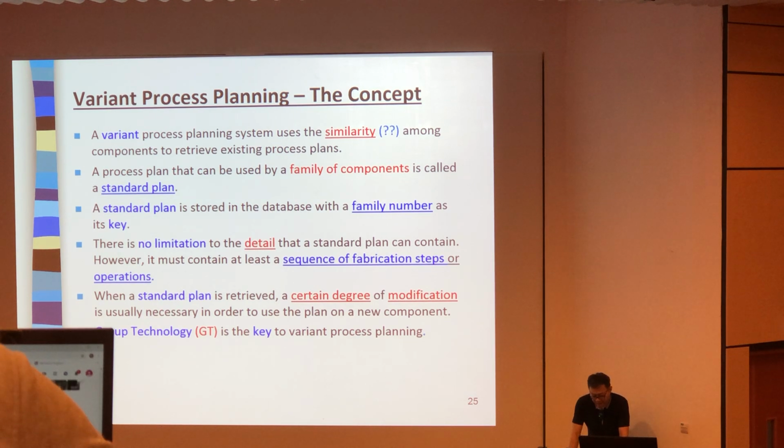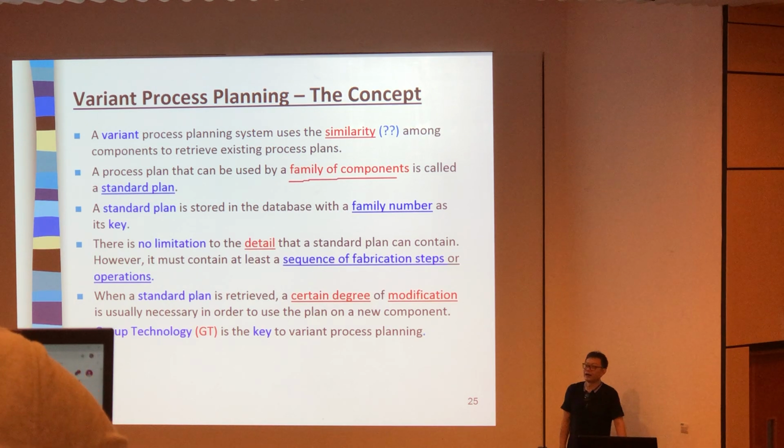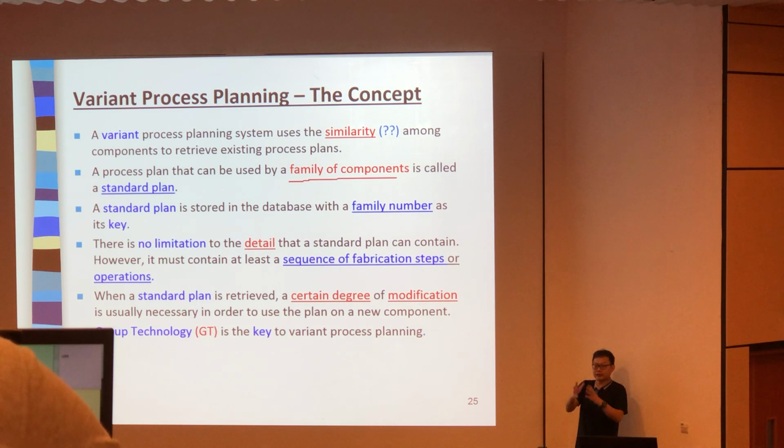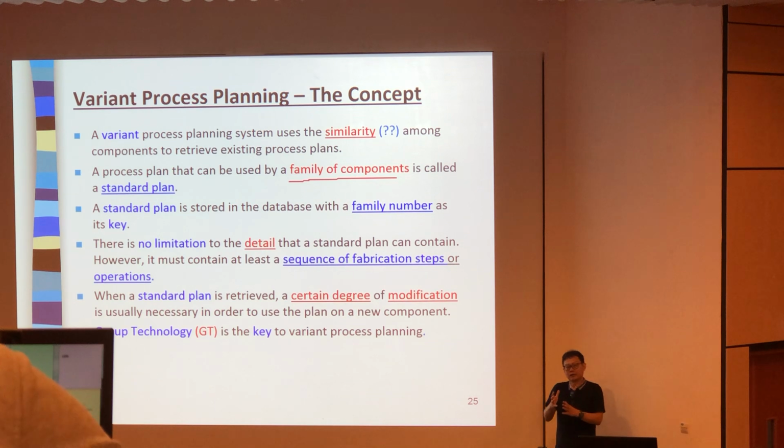A process plan that can be used by a family of components is called the standard plan. After part family identification, for example by PFA methods, we know that parts belonging to the same family share a similar set of OP codes. So we can consider they actually share similar process plans.